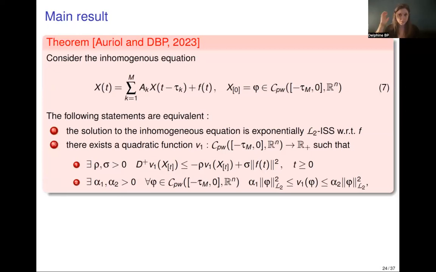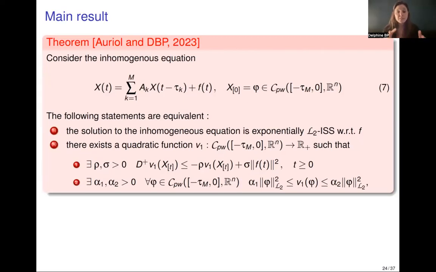So the classical Lyapunov inequality that you have for input-to-state stability. And second, that you have the equivalence of v1 with the L2 norm, so upper and lower bounds in terms of the L2 norm.